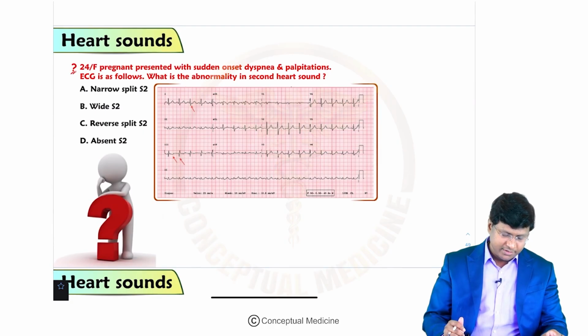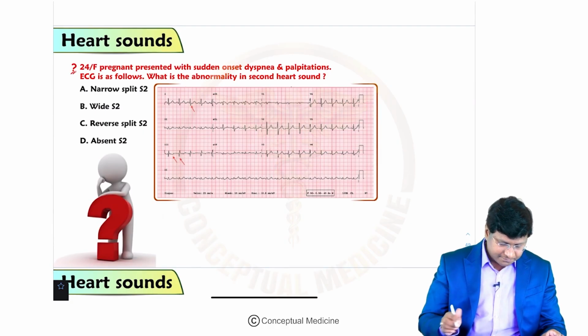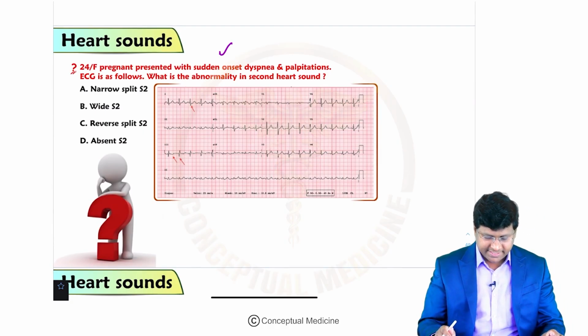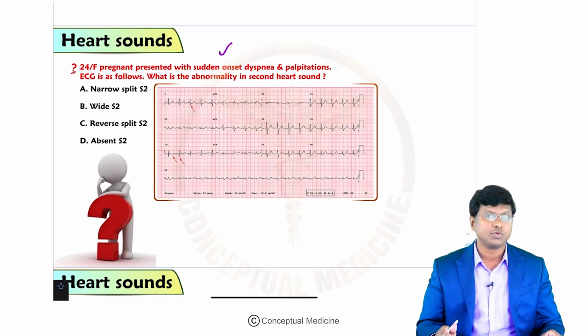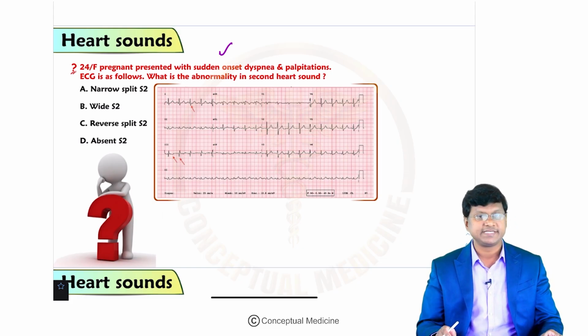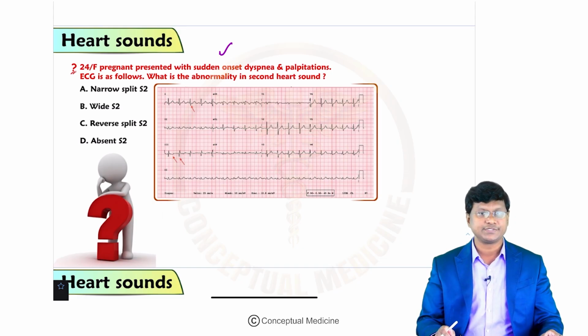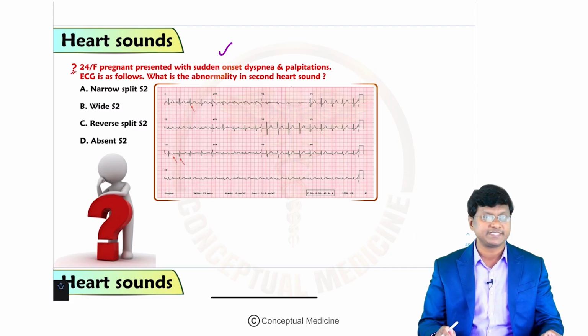a 24-year-old pregnant female patient presented with sudden onset dyspnea and palpitations. ECG is as follows. What is the abnormality in the second heart sound? Narrow split second heart sound, wide split second heart sound, reverse split second heart sound, absent second heart sound.